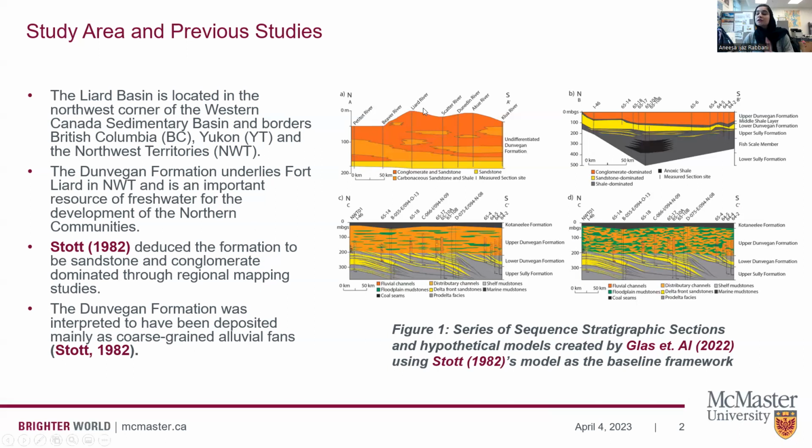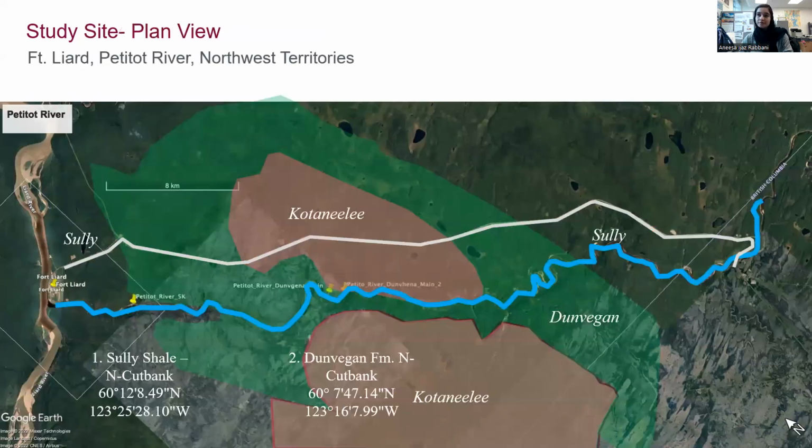And as you can see, there's a stark difference between what we initially thought and our understanding of it presently. The Dunvegan Formation was initially interpreted as post-grained alluvial fans, and you have to keep this in mind because this was our initial assumption.